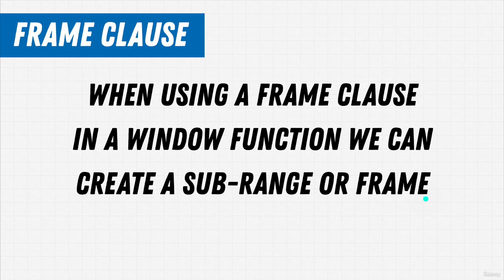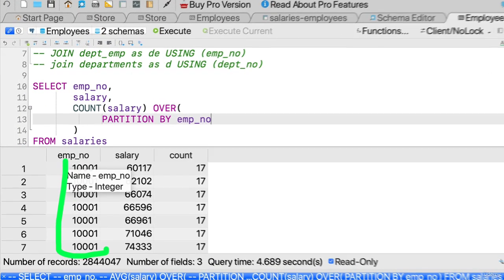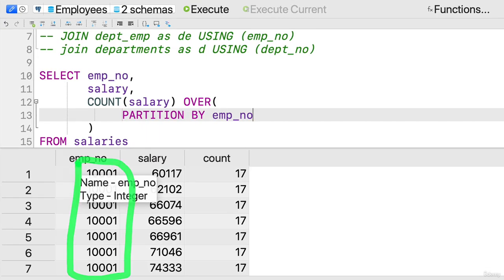Let's take employee number, for example. When we create a chunk against the employee number, we're basically saying, just group these all together with the partition by. Just group these, and then we can do something with it.